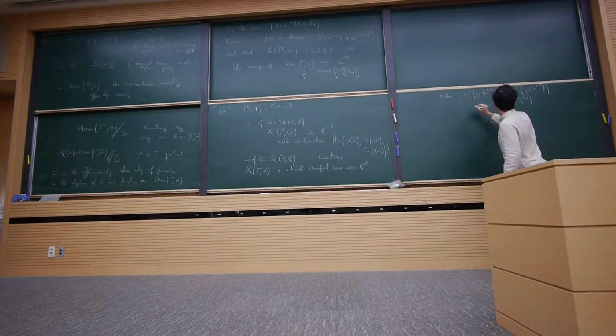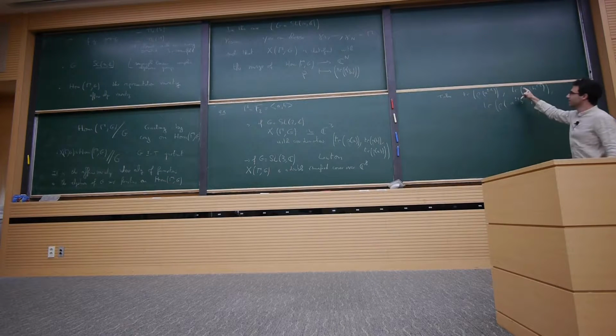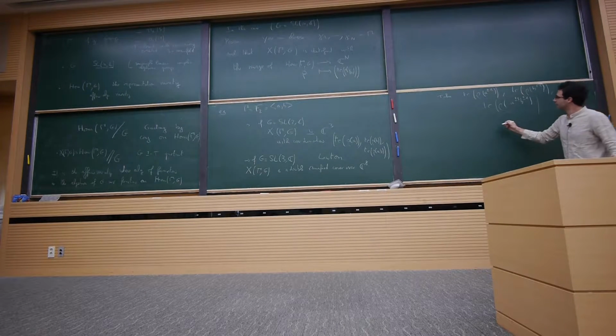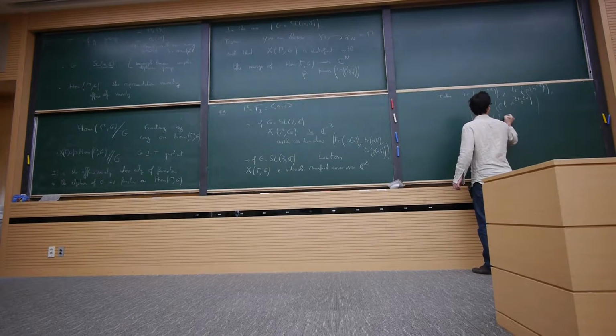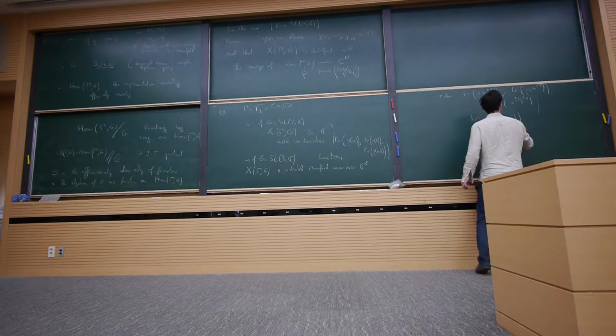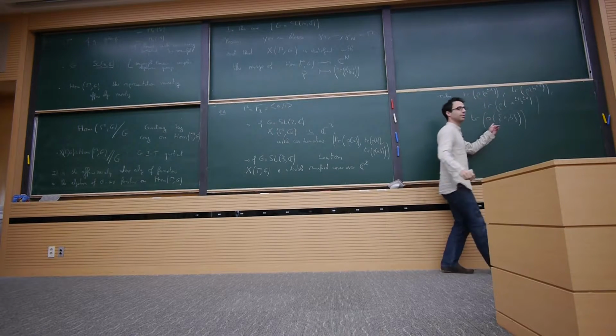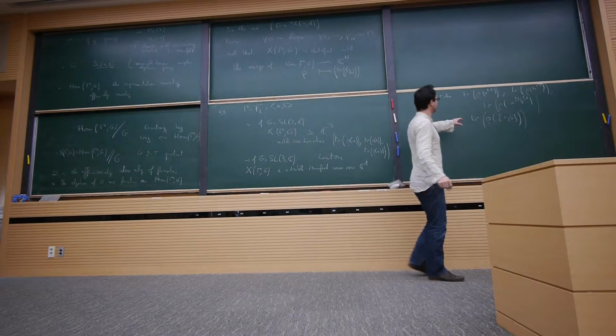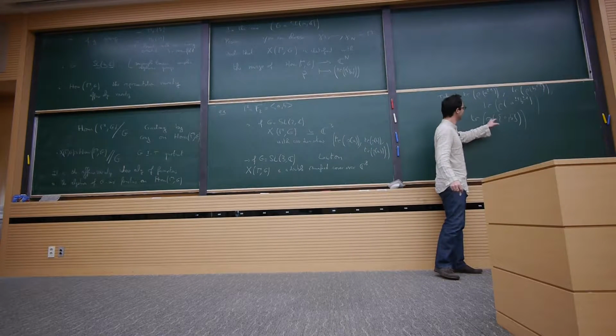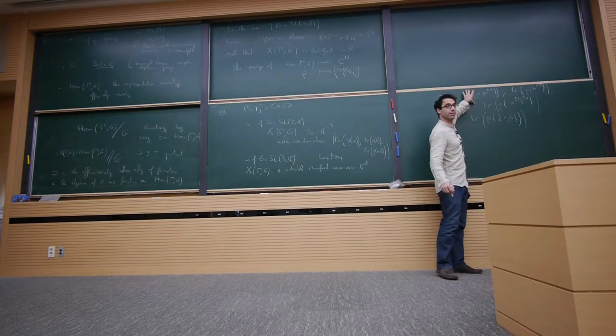So this gives you C to the 8 numbers, and then the last one, the trace of the commutator, will verify a polynomial of degree 2 in these numbers.